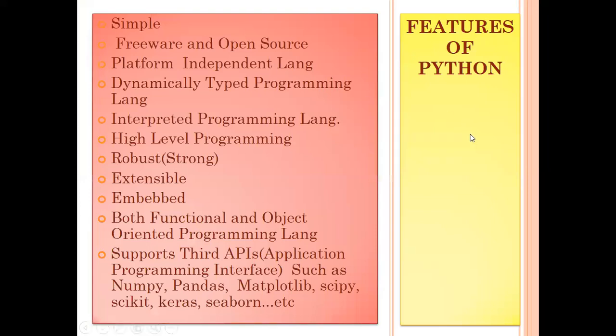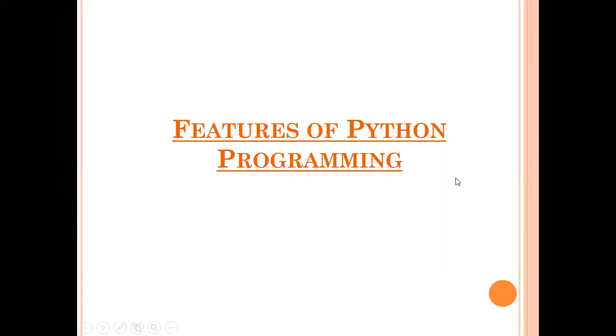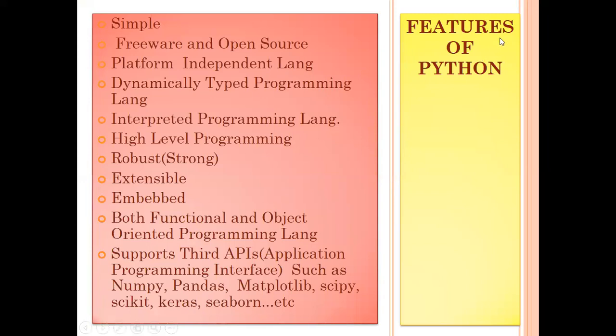What type of language is it? It is a simple programming language, freeware and open source. It is a platform independent language. Third, it is a dynamically typed programming language. Fourth, it is an interpreted, high level programming language.